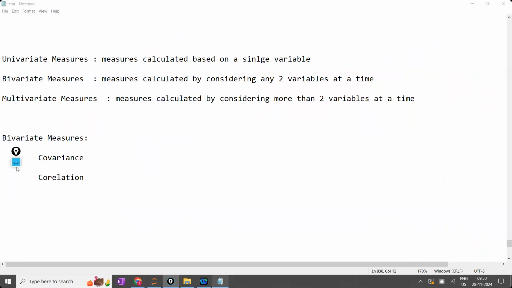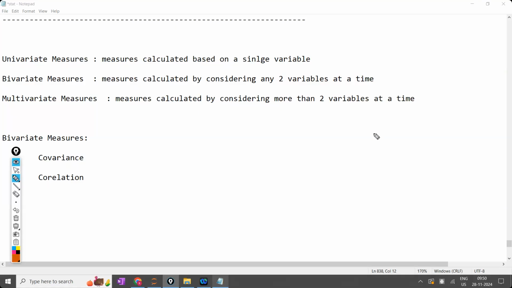Next one is called correlation. Here you are going to calculate in terms of the covariance.